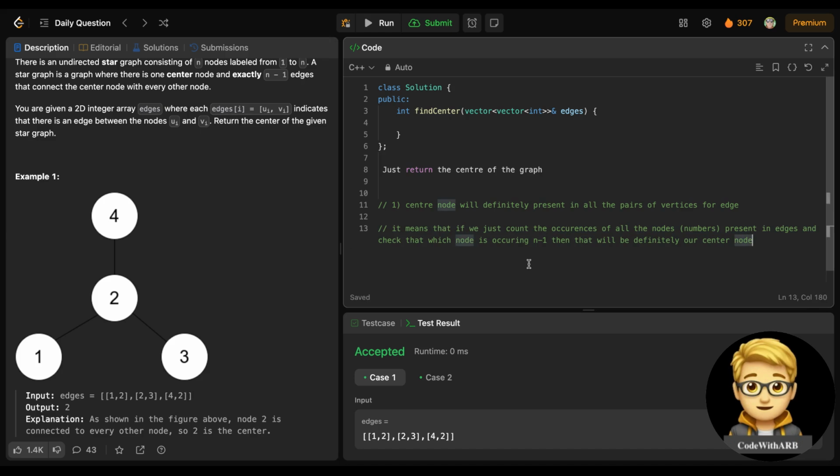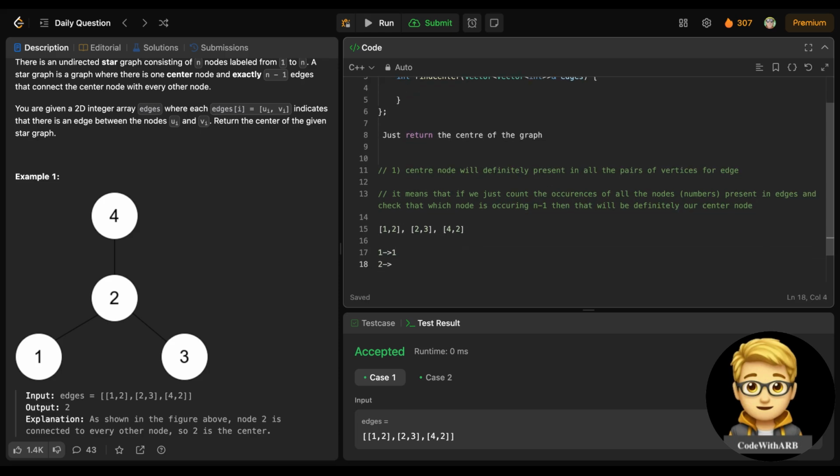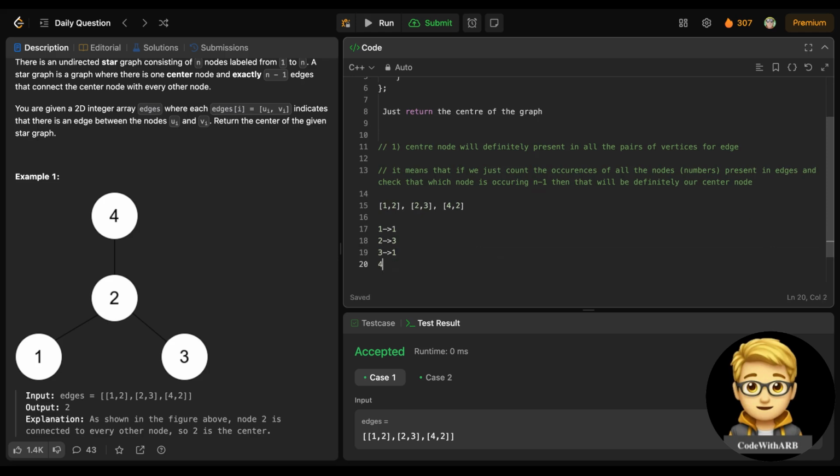So we will just count all the occurrences. Let's suppose this is 1 and 2 given, and this is 2 and 3, and again this is 4 and 2, right? So basically we will count for each and every number. 1 count is 1, 2 count is 3, 3 count is 1, 4 count is 1.